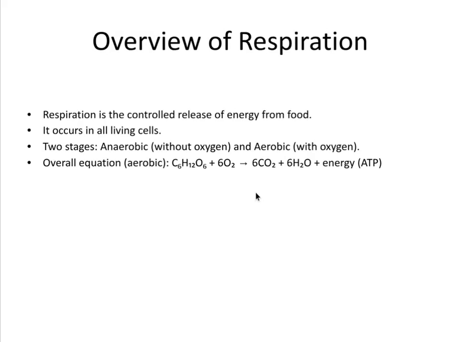Overview of respiration. Respiration is the controlled release of energy from food. It occurs in all living cells. Two stages: anaerobic, without oxygen, and aerobic, with oxygen.